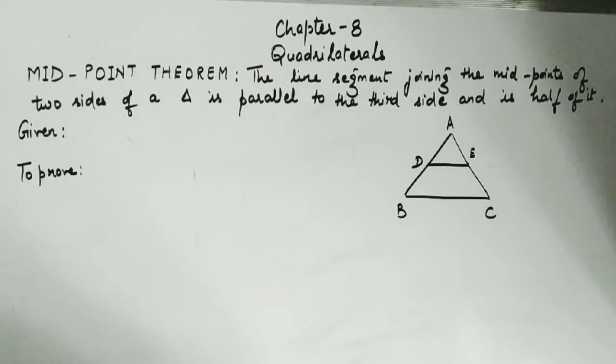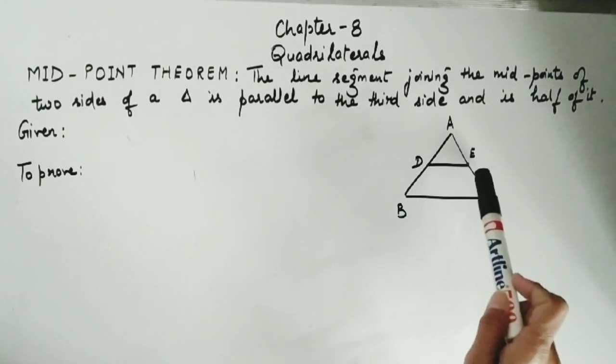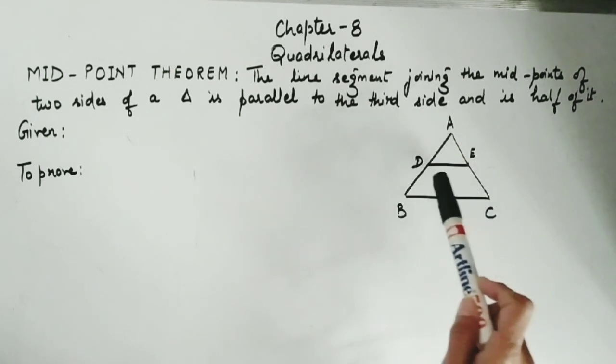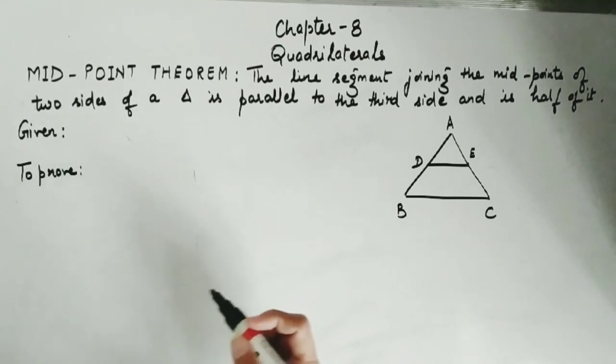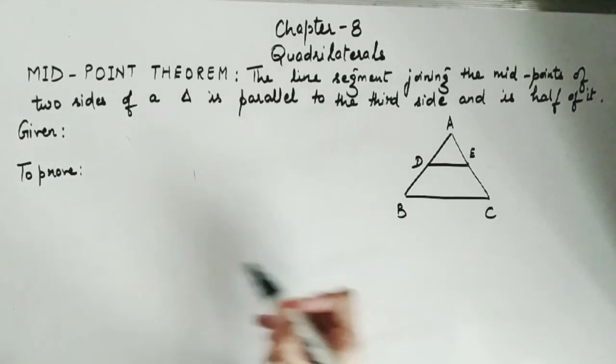So over here you must see there is a triangle ABC. D and E are the midpoints. DE is connected. Whenever we are dealing with theorems, there is given, to prove, and then comes the proof. So let us first begin with the given information.